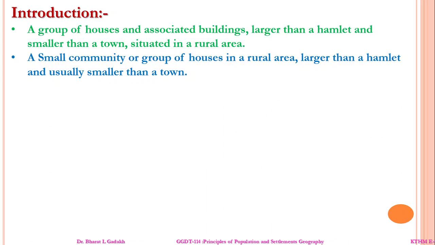Very important here: a group of houses with associated buildings larger than a hamlet and smaller than a town, situated in a rural area, is called a village. Another definition: a small community or group of houses in a rural area, larger than a hamlet and usually smaller than a town, is called a village. A simple definition: a group of houses in a rural area larger than a hamlet and smaller than a town is a village.